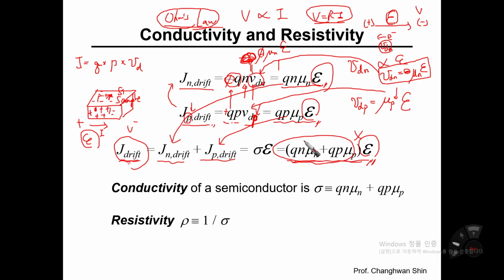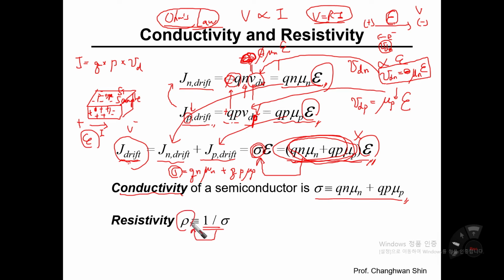All the terms in this parenthesis are denoted as sigma. So here sigma is Q n mu n plus Q p mu p. This sigma is defined as the conductivity of a semiconductor, and 1 over sigma is defined as resistivity.